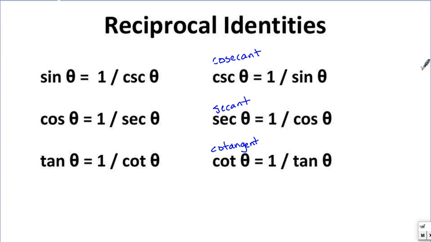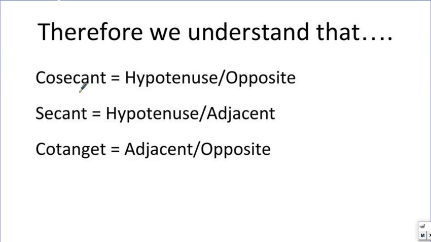So cosecant, the CSC one, is the reciprocal of sine. So sine is opposite over hypotenuse, cosecant is hypotenuse over opposite. Secant, S-E-C, is the reciprocal of cosine, so it is hypotenuse over adjacent. And then cotangent, abbreviated COT, is the reciprocal of tangent, so it is adjacent over opposite.